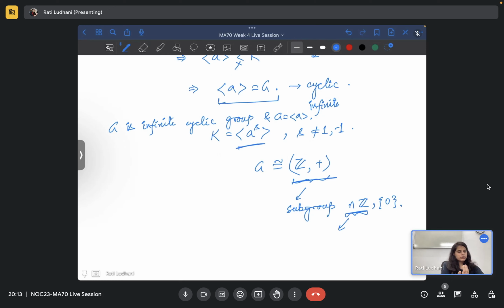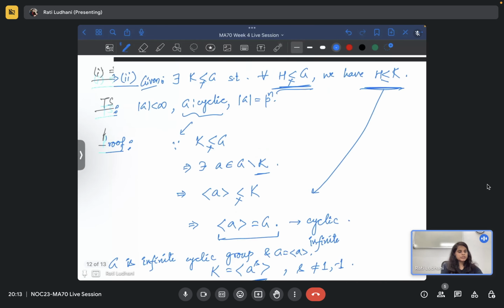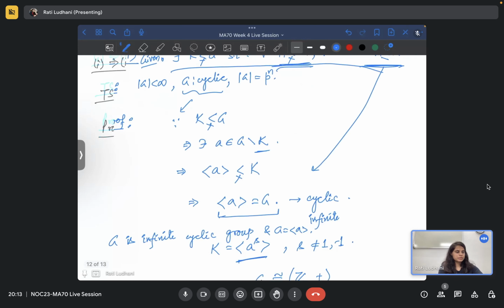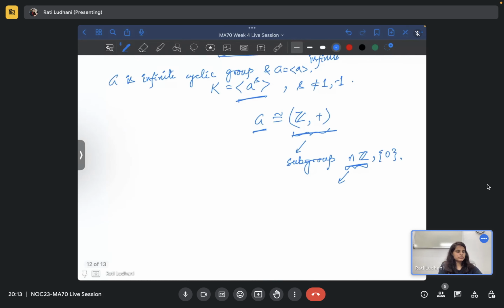So if G has some subgroup K which satisfies this condition, that all the proper subgroups of G are subgroups of K, we are trying to find whether this is possible or not, right?